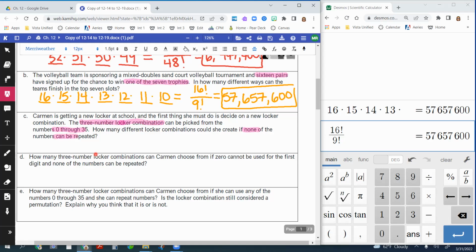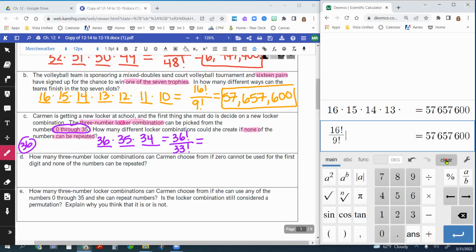So none can be repeated, okay? So for this, we're trying to get a 3-digit locker combination. So 1, 2, 3. And when we're dealing with 0 through 35, that's actually going to be 36 choices. So this is going to be 36 times 35 times 34, or 36 factorial divided by 33 factorial.